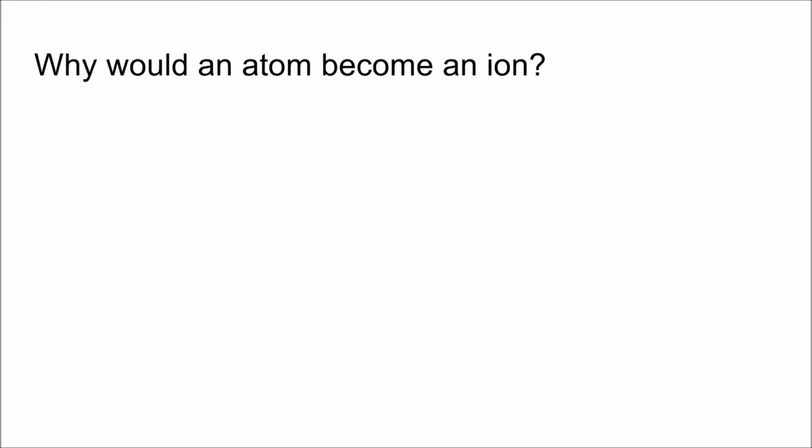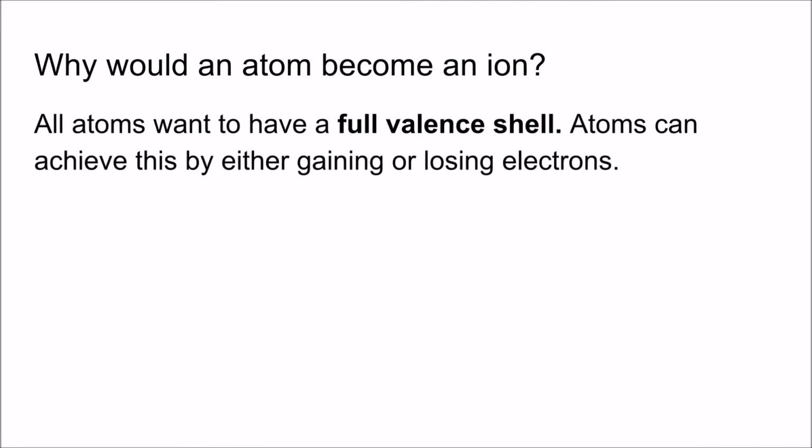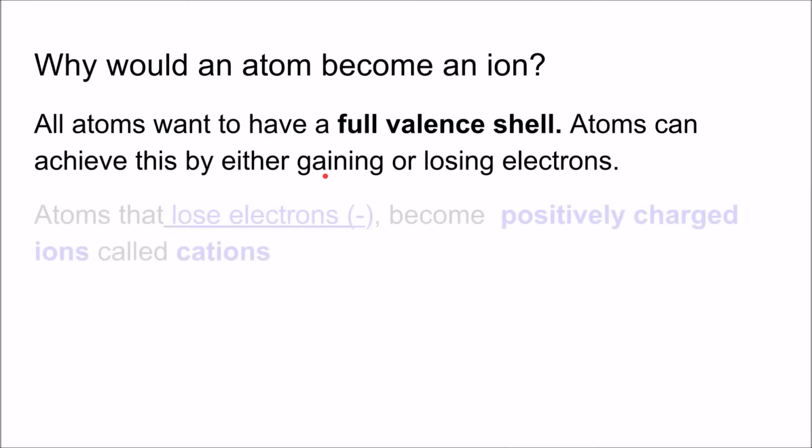So why would an atom want to become an ion in the first place? Well, all atoms want to have a full valence shell. So remember, the valence shell is the outer shell in our Bohr diagram, and so atoms always want to have that completely full. They can achieve this then by either gaining or losing electrons.